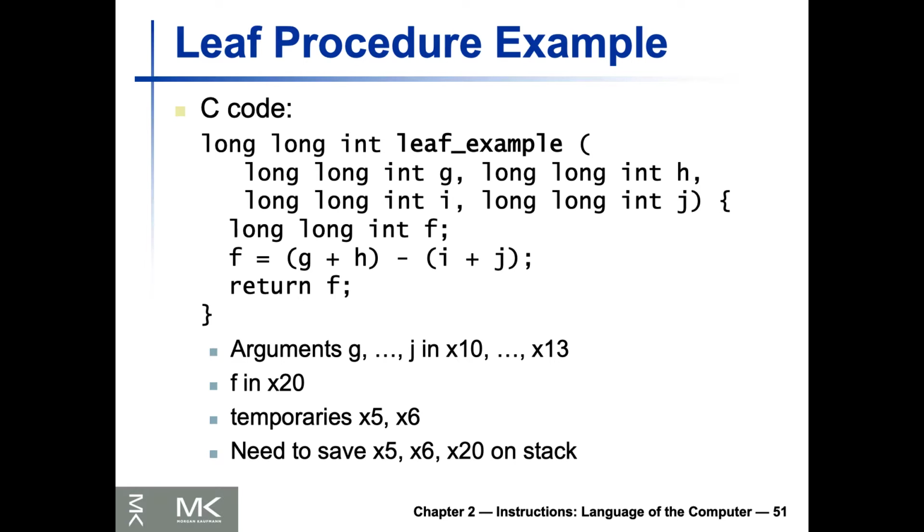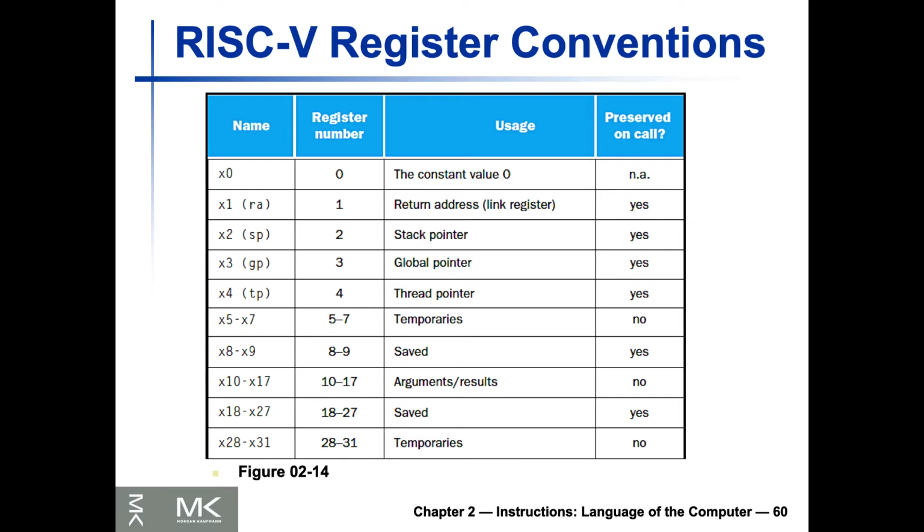Let me find it again so you can have them all. Yeah, here. You see? This is the register convention for RISC-V. From X10 to X17, you can only use those for your arguments or results, right? And some of them are preserved and some of them are not. We'll talk about it today.